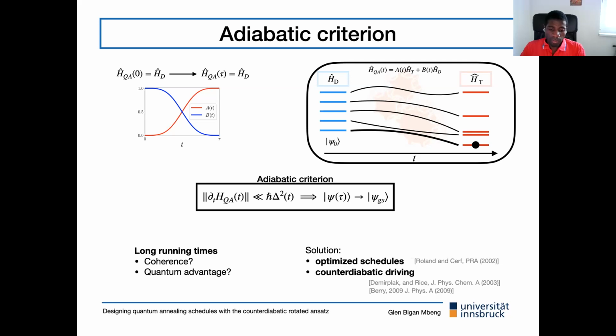Moreover, it may be that these long times, due to the vanishing gap, mean that we cannot achieve a quantum advantage. We could eventually find classical algorithms which perform better and require less time to find the solution.